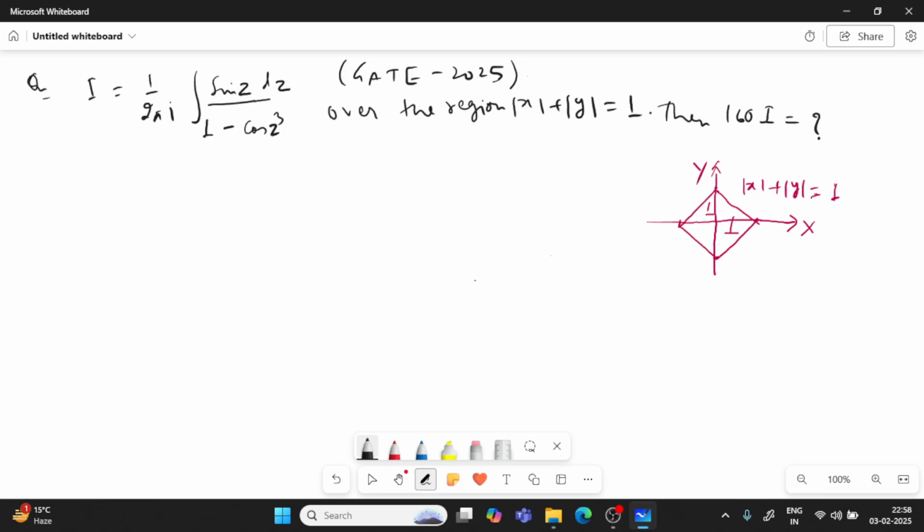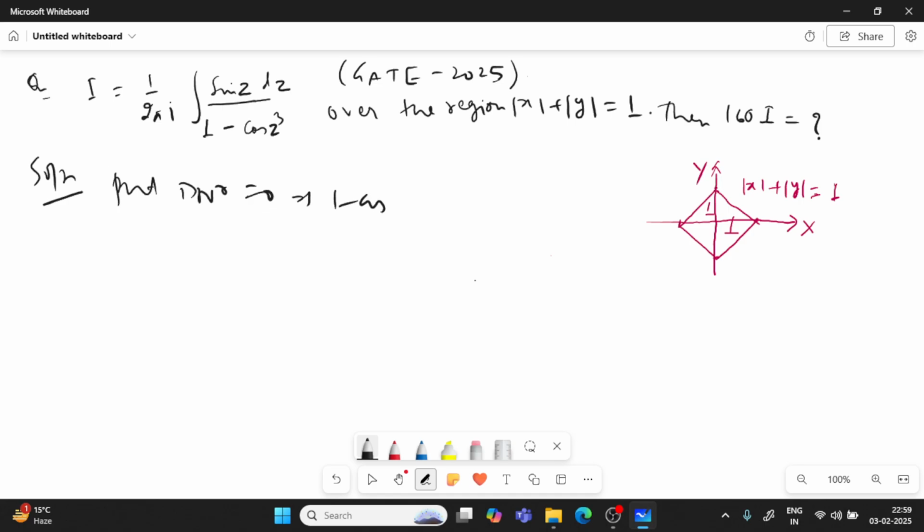For that, first we find the pole. To find the pole, firstly we put the denominator equals 0.